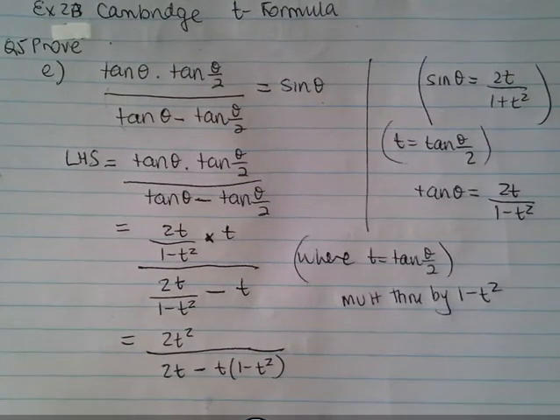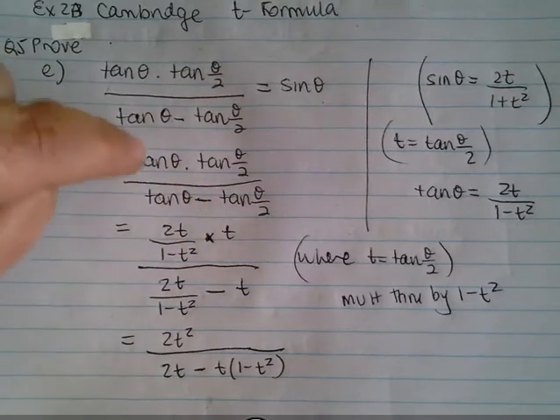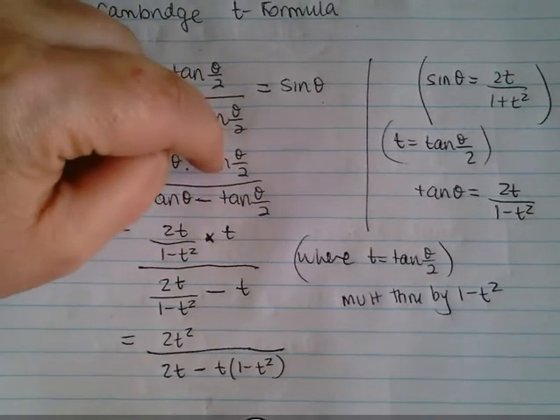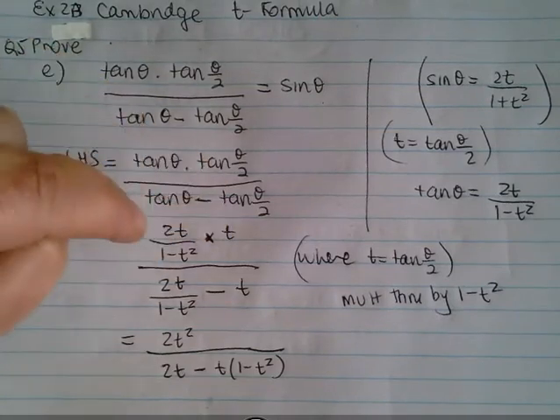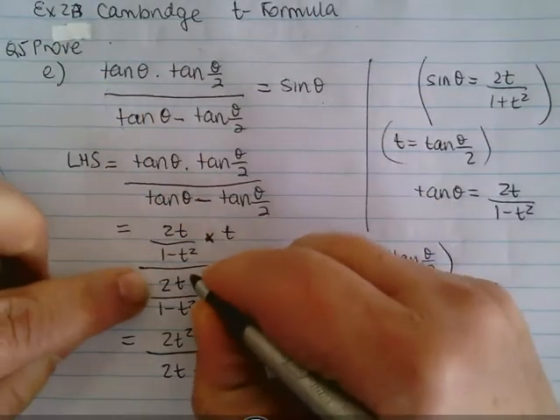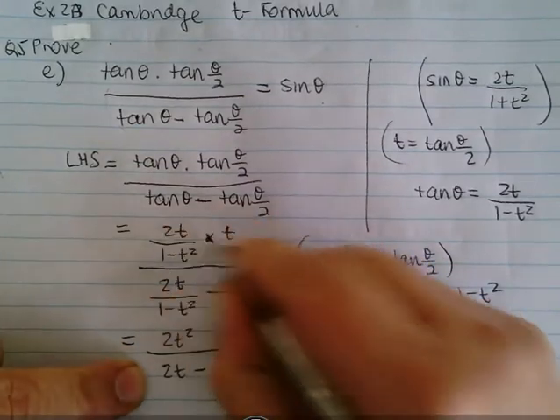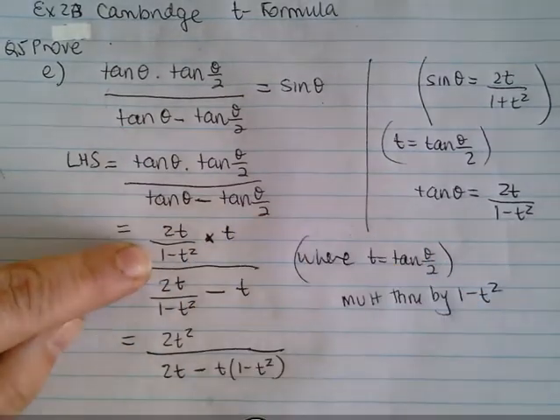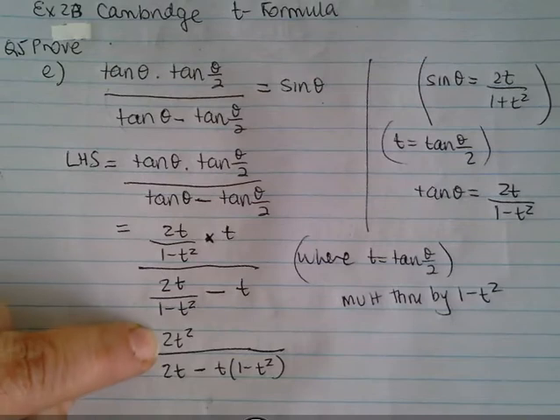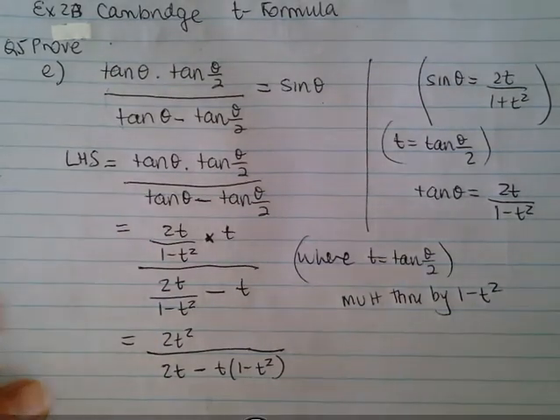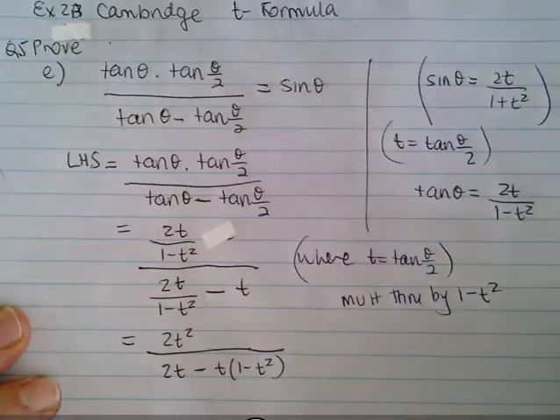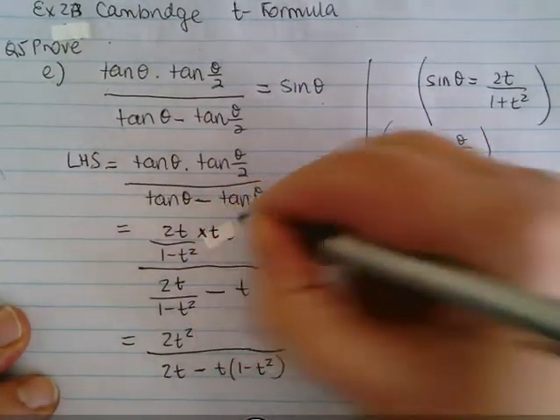All good? That is one term, tan theta times tan theta on 2, which is 2t over 1 minus t squared times t. Sorry, I've missed it. So that numerator there is 2t squared, because I've now multiplied by 1 minus t squared. Are you okay with that? I might move that times t a bit closer so you don't miss it.